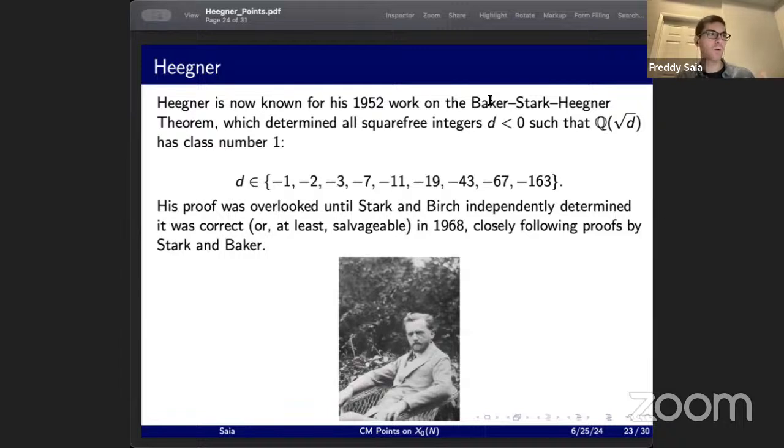He was working on the congruent number problem. And for a variety of reasons, partly I think because the solution was kind of stated tersely maybe in his work, like it wasn't the main focus, the main thrust of his work, partly because he was using the theory of modular functions, which had kind of fallen out of fashion at the time.